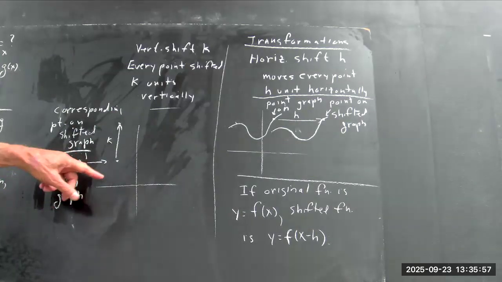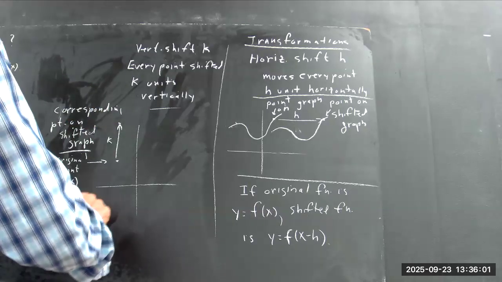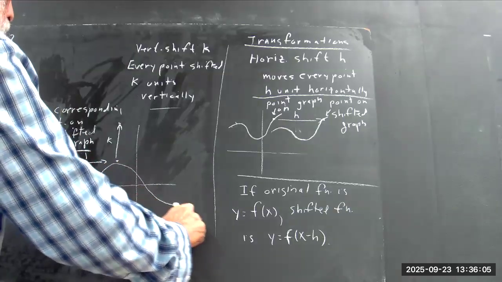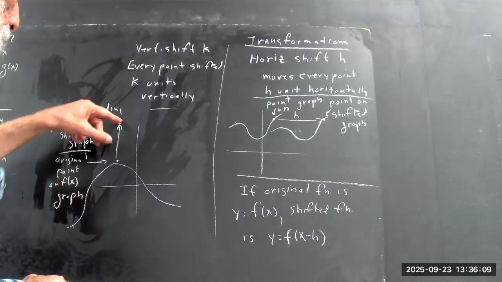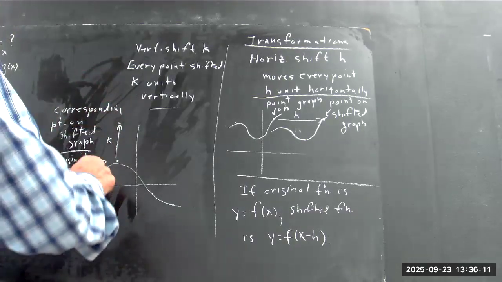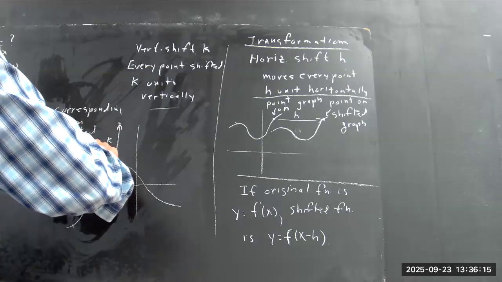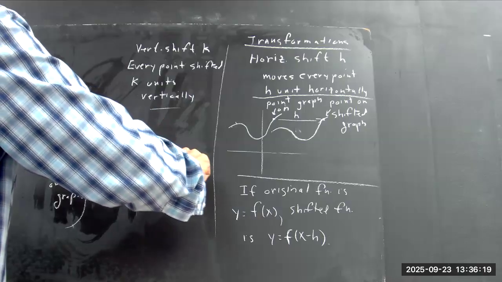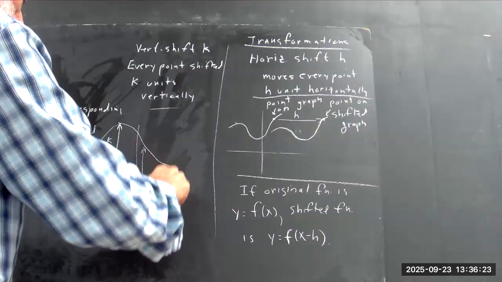The original point's down here, shifted is up here. So if your graph looks like this, then the shifted graph is going to shift this point up here and take the rest of the graph with it. So it's going to be kind of like this, over here like so. Every point goes up k units.